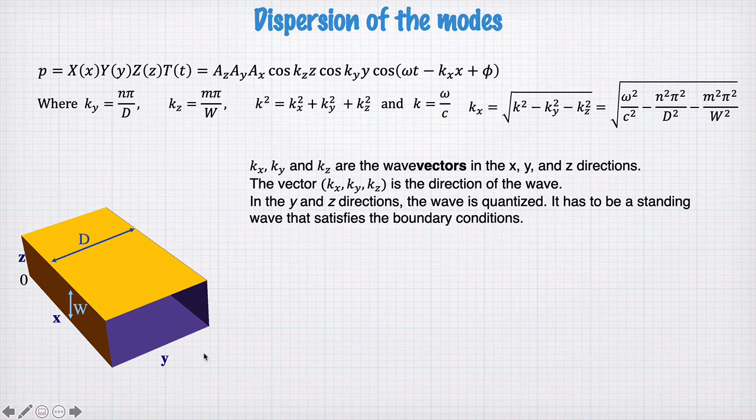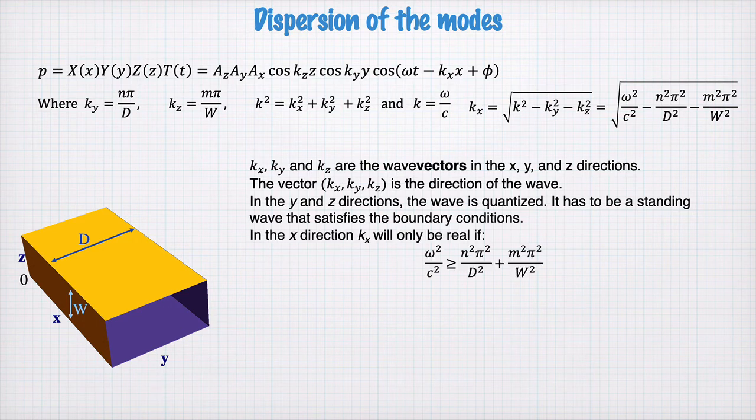We're going to have a wave either propagating along the pipe or a wave not propagating along the pipe. So in the x direction, kx will only be real if this condition is satisfied. We're looking back up here at the equation for kx. We can turn this overall total k vector into something that depends on the temporal frequency and the speed of the wave. And if this frequency here is too low, then for a given mode where n and m are not 0, this square root here will become imaginary.